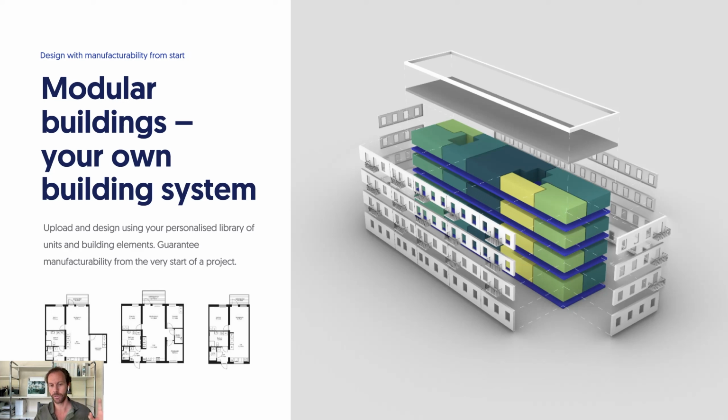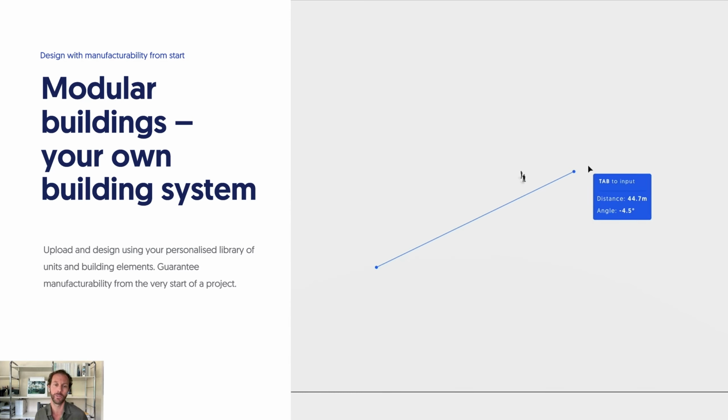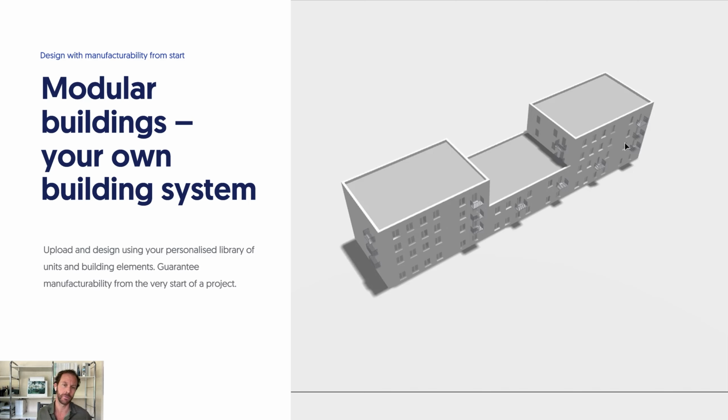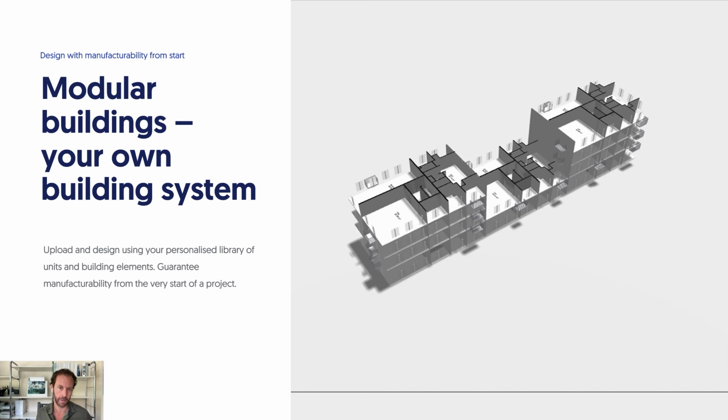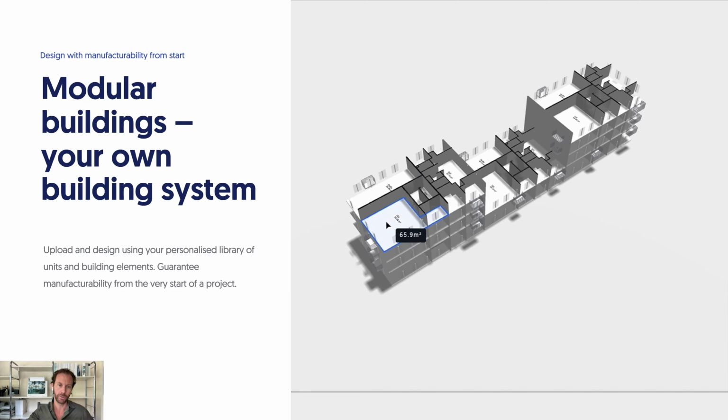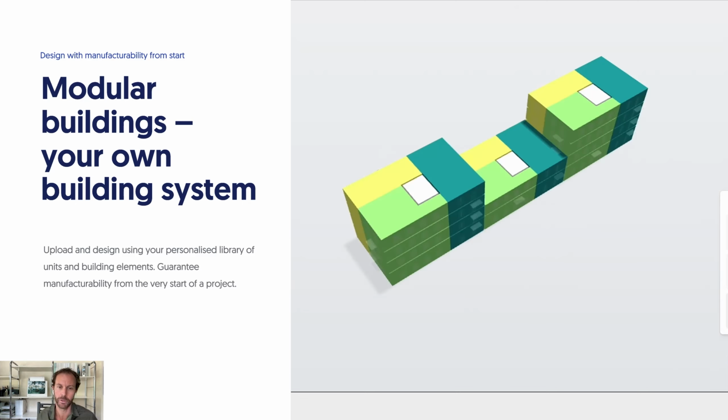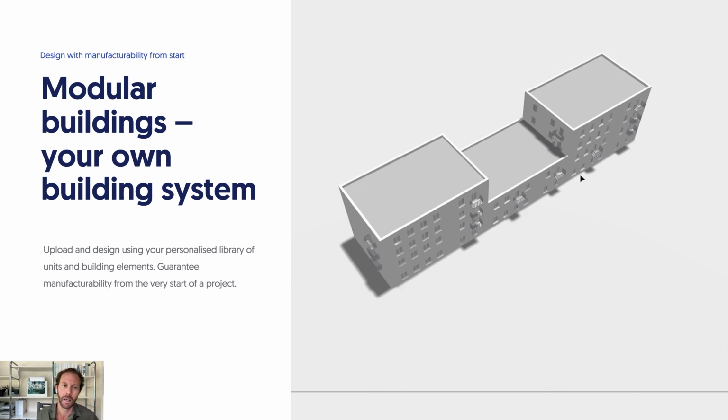So the concept here is that you will make use of an existing library of floor plans, which you can use as your building blocks, both in terms of volume elements or plan elements and so on, and use these as your building blocks for the buildings.